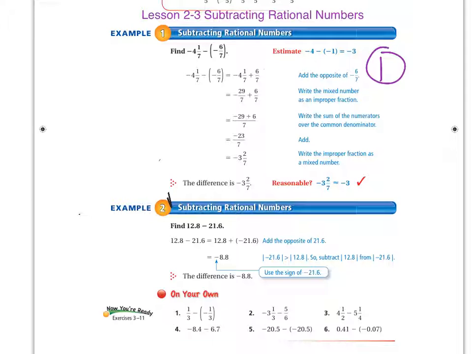-29/7. Okay? This 4, as we were just doing with the Cuisenaire rods, this 4 right here means 7/7 plus 7/7 plus 7/7 plus 7/7, right? Because that's 1, 2, 3, 4. Plus then your 1/7. So if you add those all up, 7 plus 7 is 14, plus 7 is 21, plus 7 is 28, plus 1 is 29.